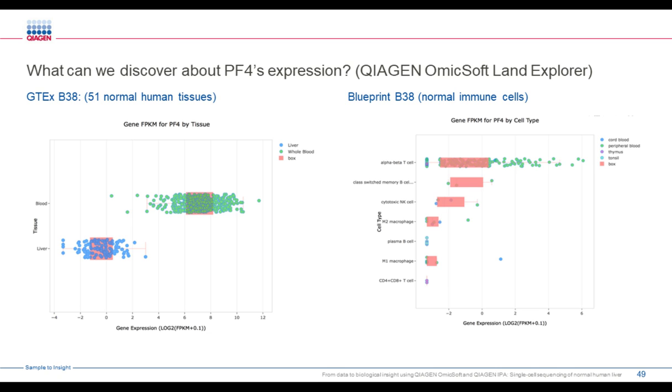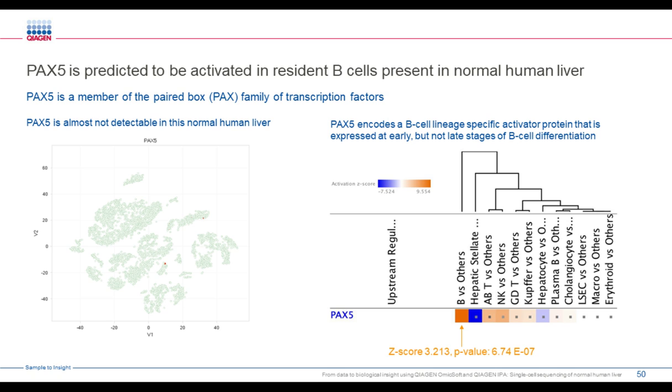Alpha beta T cells are strongly expressing that particular molecule, much less for the other group of cells, including M1 and M2 macrophages. All of that is realized by going to the gene view in QIAGEN IPA for PF4, clicking on the link to GTEx or to BLUEPRINT. It's extremely easy, very simple. We have looked also at PAX5, which is predicted to be activated in the resident B cells in normal human liver.